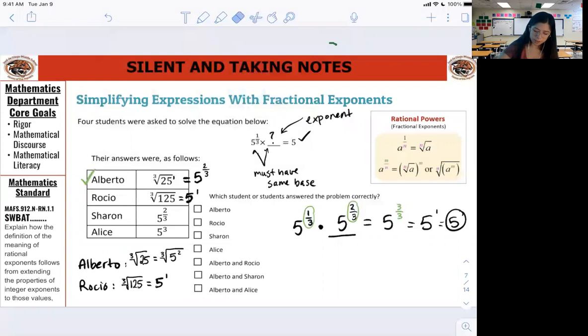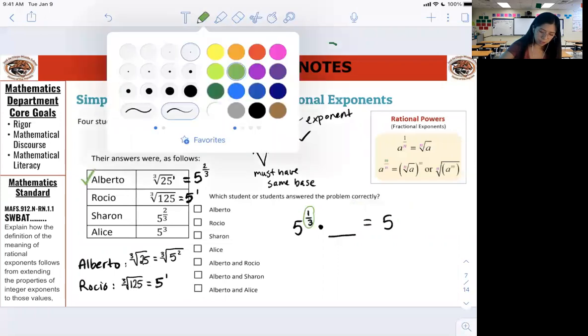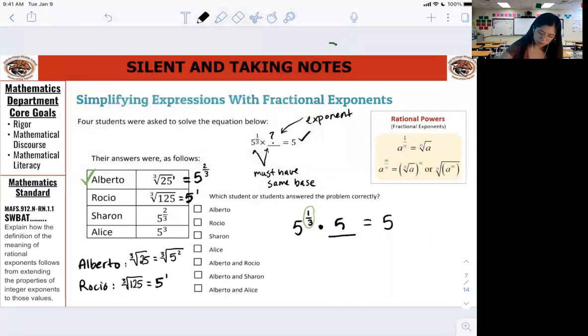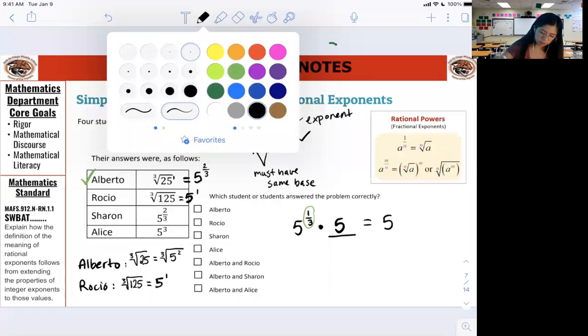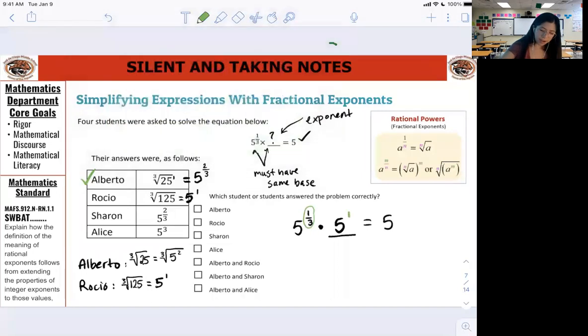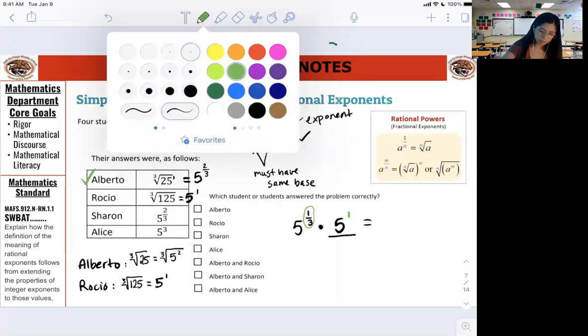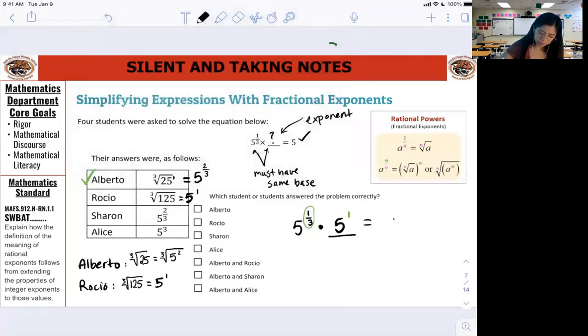Let's take a look at Rocio now. I'm going to put in his number. He had 5 to the power of 1. But again, I'm adding the exponents. So what do I end up with in the end? I'm doing 1/3 plus 1. 1 and 1/3.